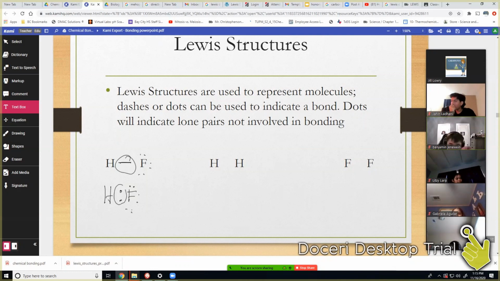These electrons here are being shared, and that's what's forming the bond. Hydrogen to hydrogen, just 1 bond in between. No lone pairs, because they only need 2. Diatomic fluorine right here, a bond in the middle, and then each is still going to have its 3 pairs that it keeps.